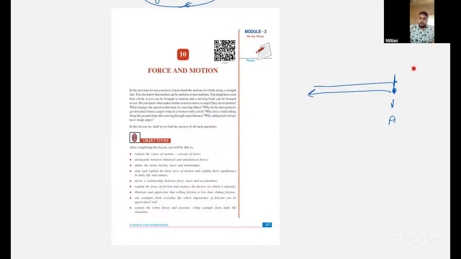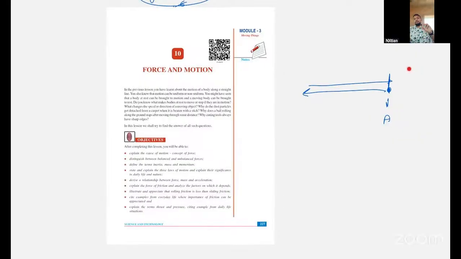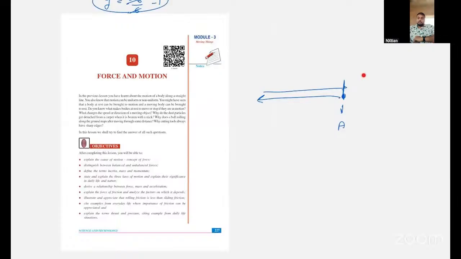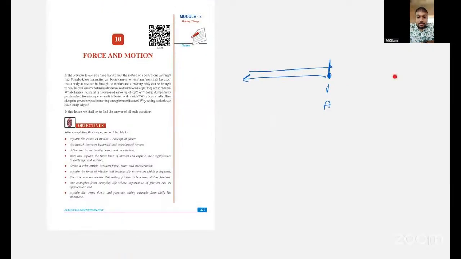There is no change in position. So it is also not correct, but I'll give 0.5 marks to Nidhi, because he thinks out of the box. Anybody else want to give a definition of motion?